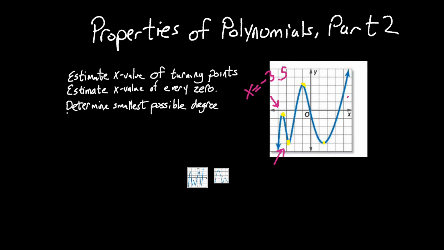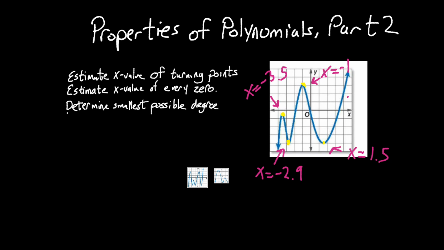Here, it looks like it's really close to negative 3, so I'm going to say x equals maybe negative 2.9. Here, it looks like it's just on the line, so that's x at negative 1. And then here, we've got it between 1 and 2, so we'll say x equals 1.5. There are the 4 turning points in this function.